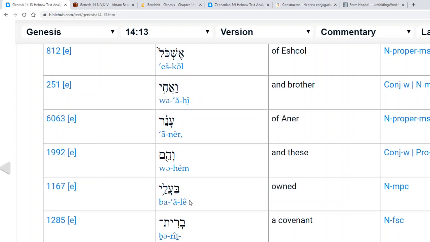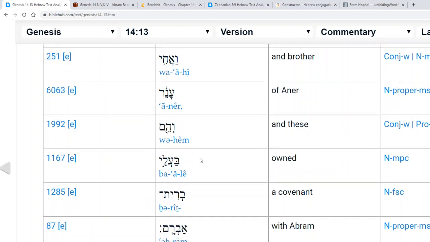Ba'alei Brit Avram, and these two brothers, right, were Baal. I don't think this is the first time we've had it. It's bet ayin lamed, means a master, right? Just like the name of the idol that people would worship, Baal, but this is being used as a master, as somebody who owns, right?